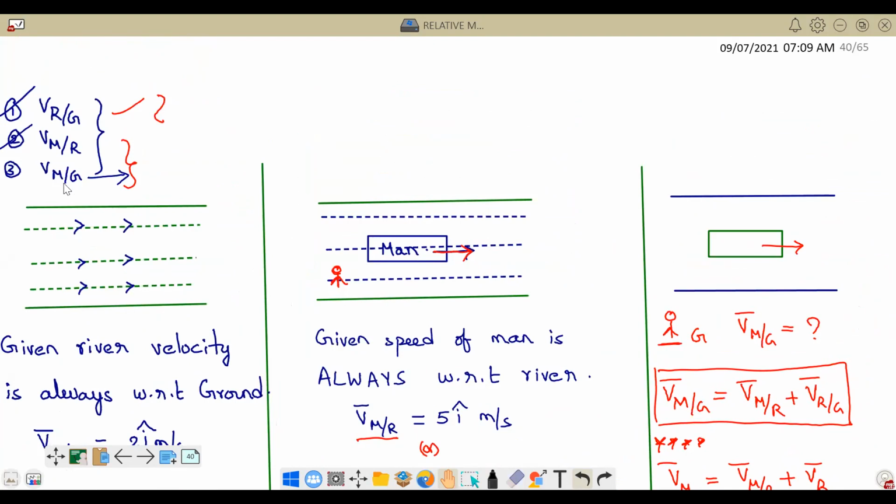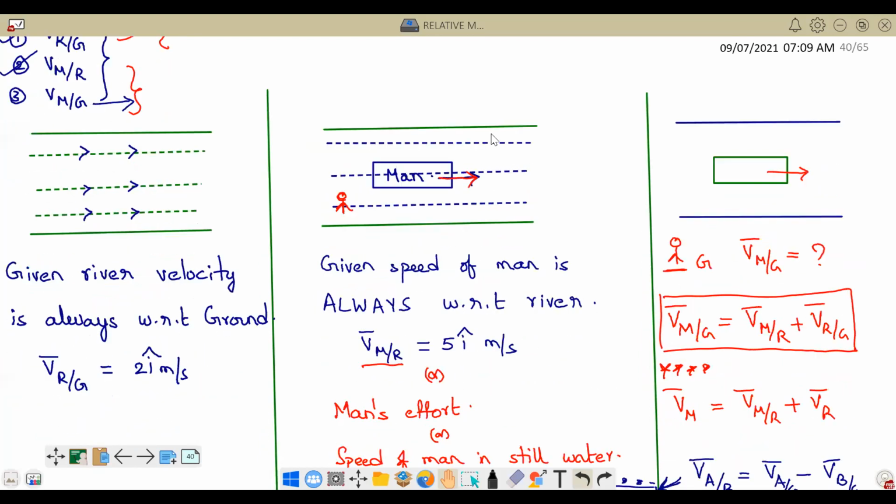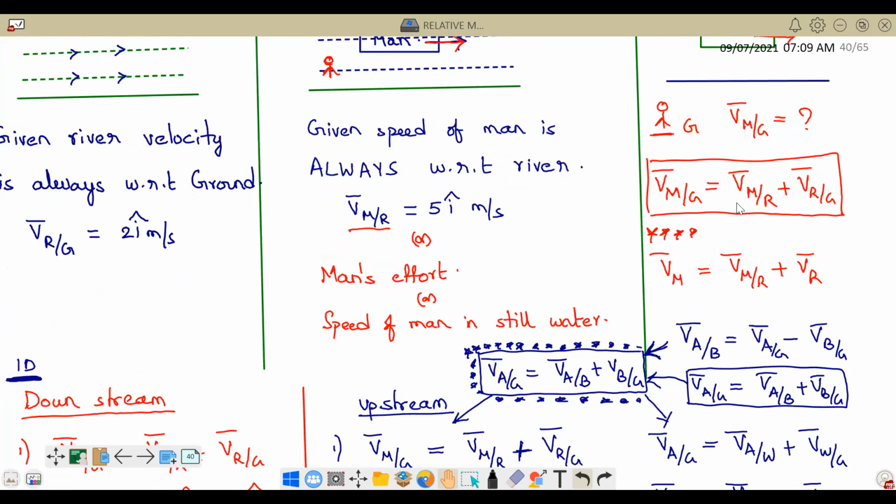Then they'll ask us to find the velocity of man with respect to ground. When you stand on the ground, what is the velocity of man? It is equal to the sum of these two velocities: velocity of man with respect to river plus velocity of river with respect to ground. Yesterday I derived how we got this expression. You have to learn this expression by heart. From our basic definition of relative velocity, we got the general equation: velocity of A with respect to ground is equal to velocity of A with respect to B plus velocity of B with respect to ground.